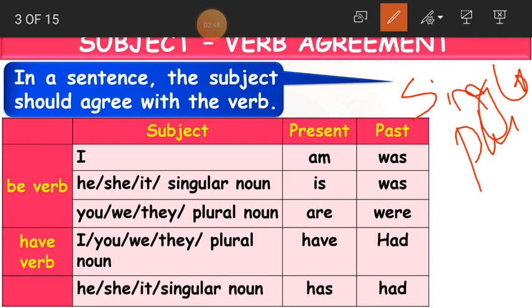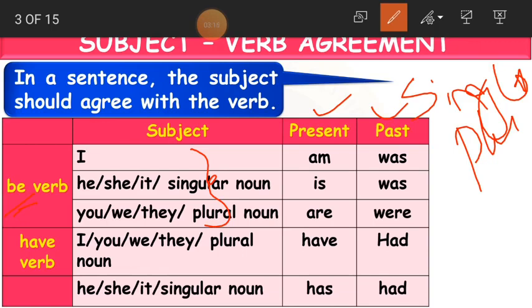Here our verbs are the be verb and the have verb. How does the be verb change in the present tense and in the past tense, and how must we connect it with the subjects in our sentences? That we are going to learn.